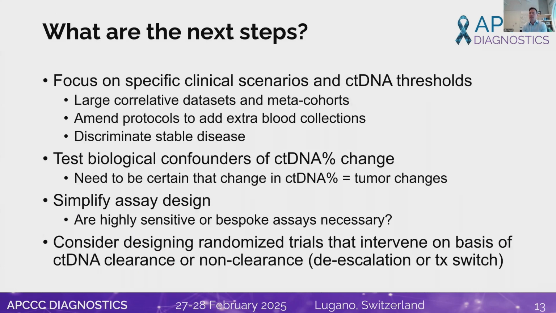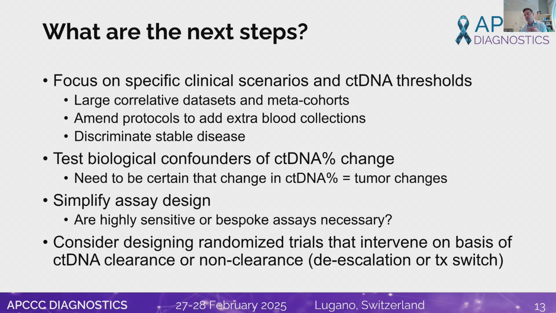So how do we go forward in prostate cancer? Well, I think we should pick specific clinical scenarios and treatment classes to go after. And certainly we need more large correlative data sets and meta cohorts. And I think we're at a real opportunity right now to embed more blood collections in the protocols of our academic trials, and encourage our industry partners to do the same.